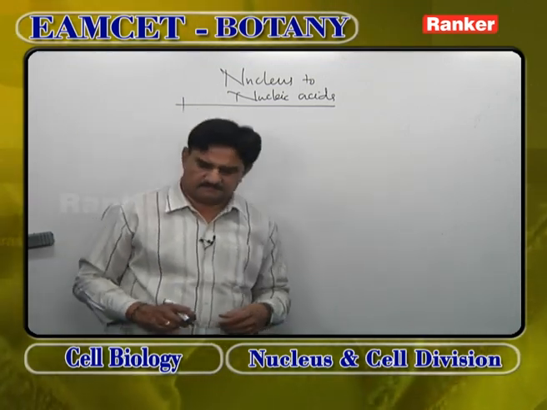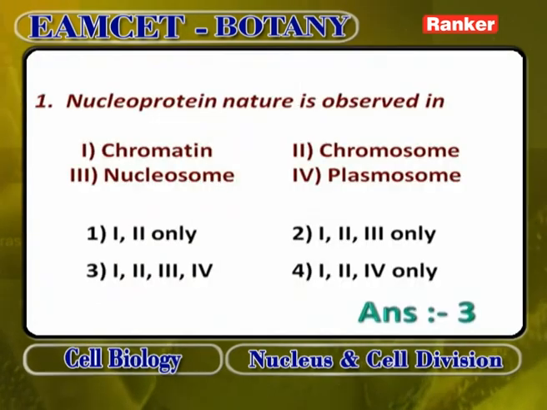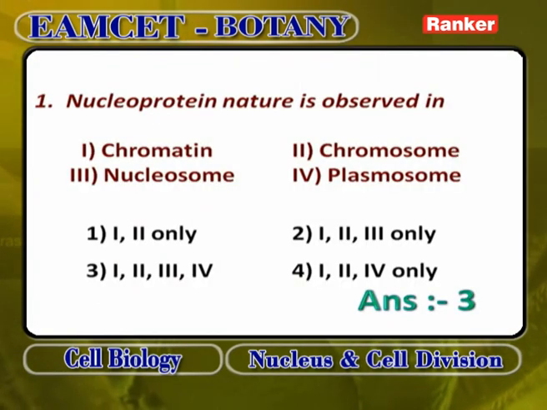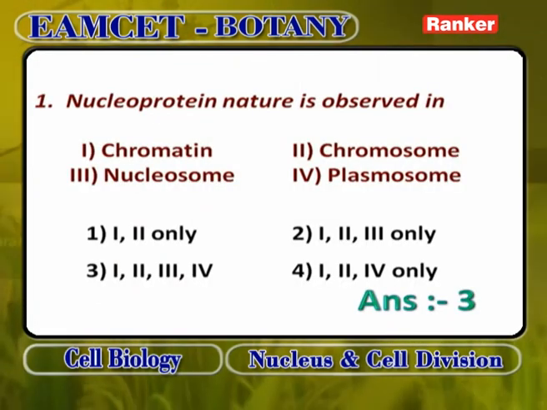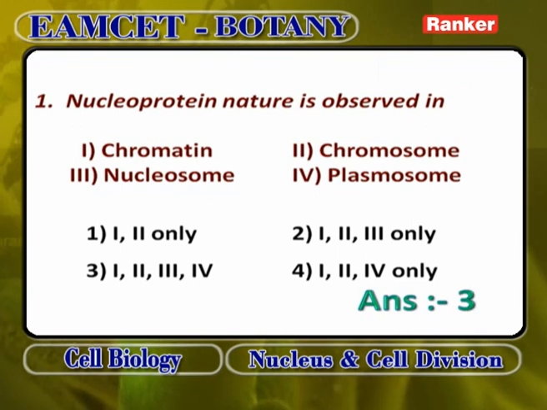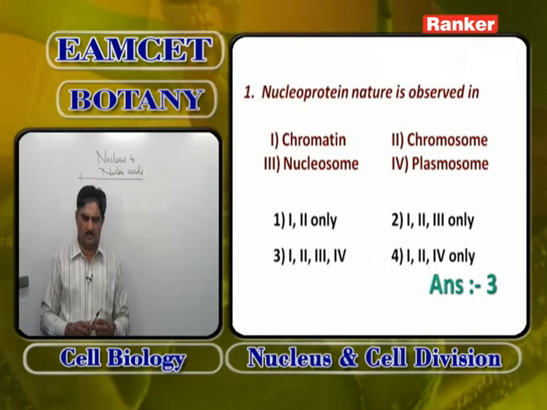First is, nucleoprotein nature is observed in chromatin, chromosome, nucleosome, plasmosome. Plasmosome means nucleolus. So nucleoprotein nature is observed in chromatin because it is present within the chromosome, which contains chromatin and other substances.